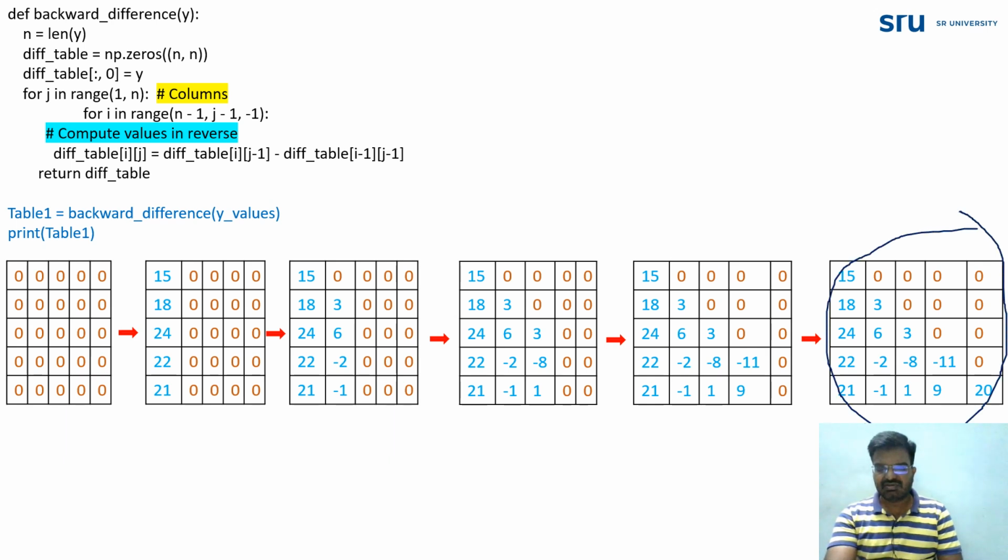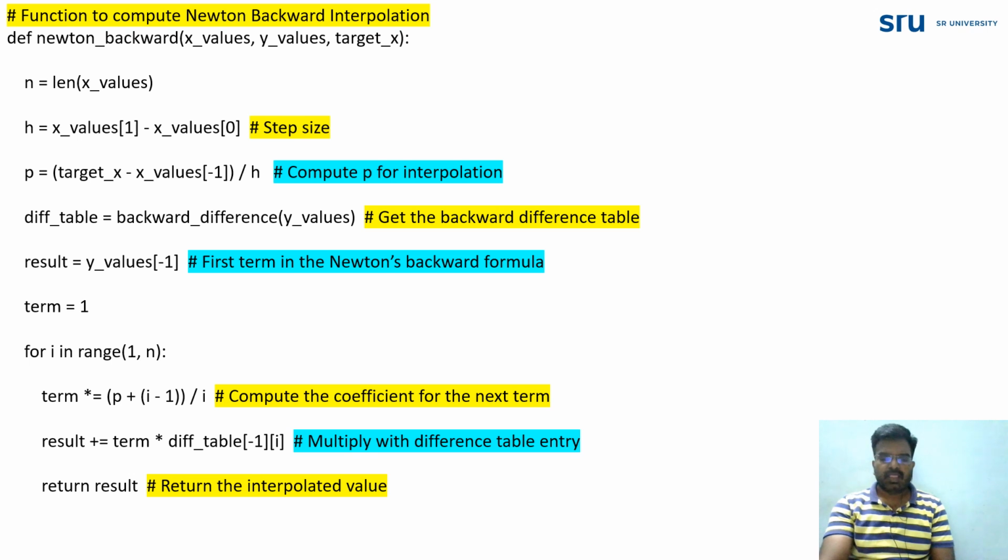We use these backward differences in our Newton's backward interpolation formula. In this next part of the code, we are finding the answer by using Newton's backward interpolation formula. Let us see every step of this part.